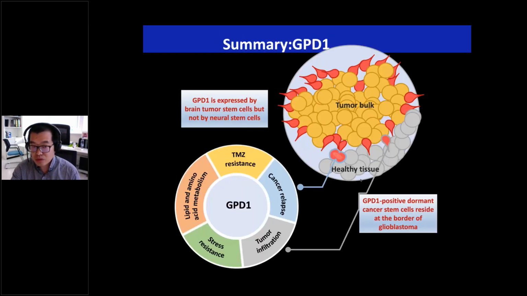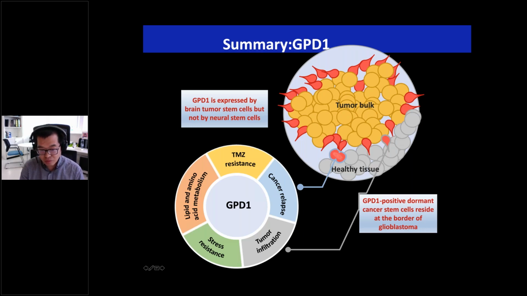So basically, what all this finding suggests, together with the first part of what I showed you, is that the stem cells, relatively speaking, are more enriched at the tumor border. And I think that makes sense because the tumor in the middle is very hypoxic and less proliferative, and there's a lot of necrosis going on. But these are temozolomide resistant, and they clearly drive cancer relapse because they start to divide after chemotherapy.